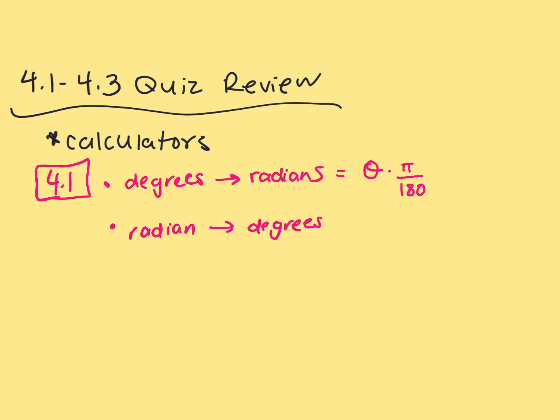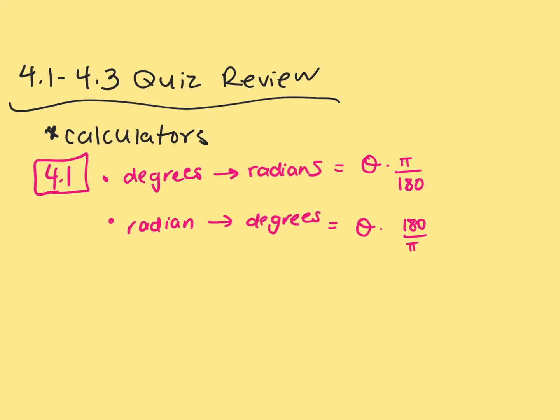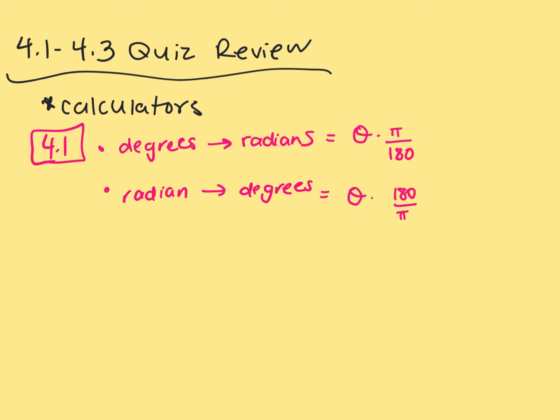For radians to degrees, we do the angle times 180 over pi. So it's going to say convert your angle from degrees to radians or vice versa. You've got to know if it's in degrees or radians based on what's there. How do you know the difference if it's in degrees or radians? The degrees has to have the degree symbol. Good, okay? The radians do not have to have pi.